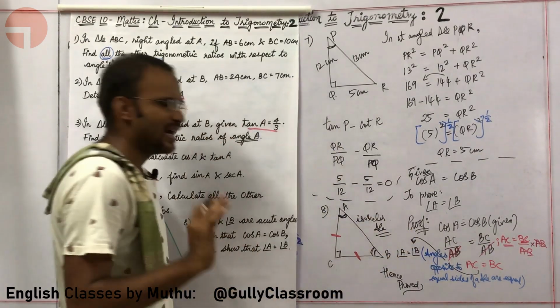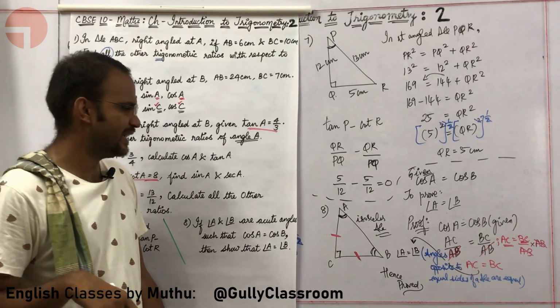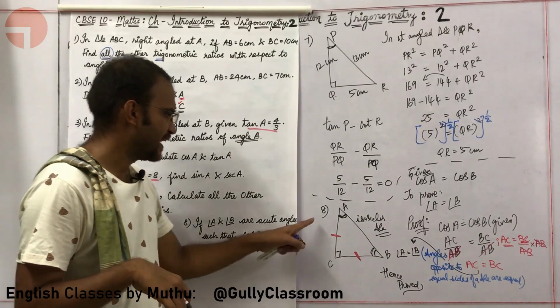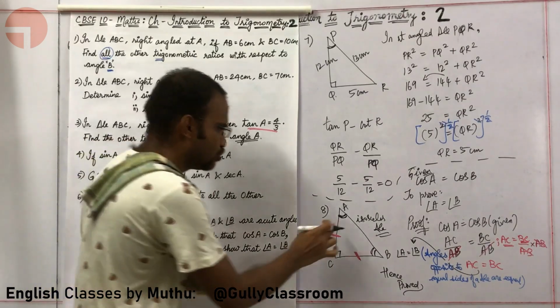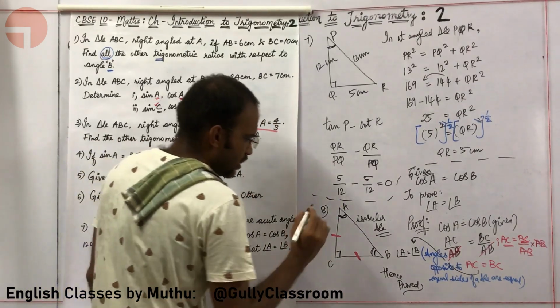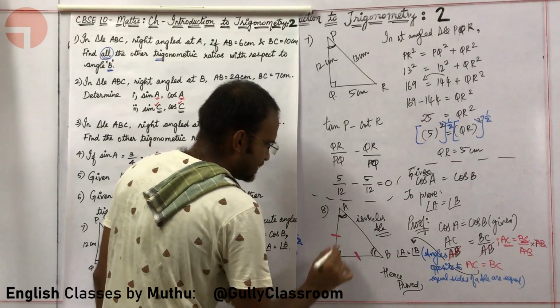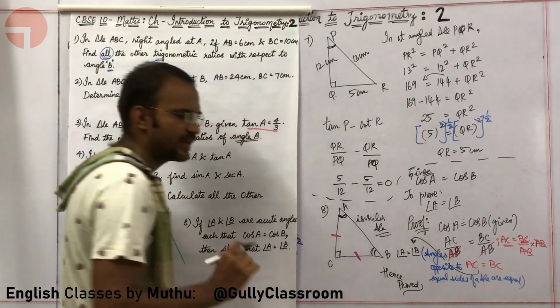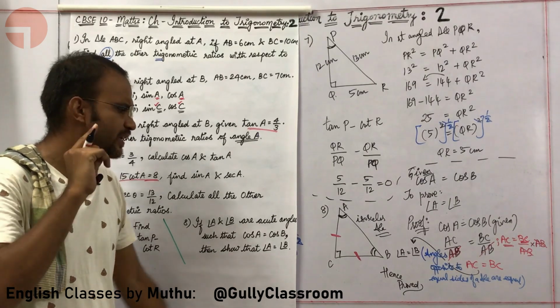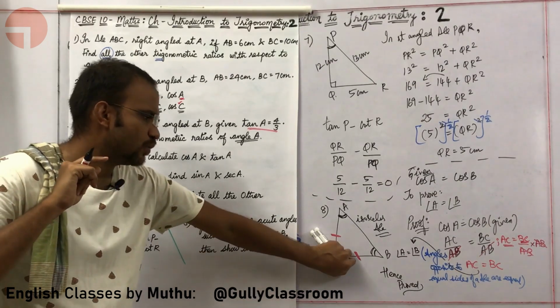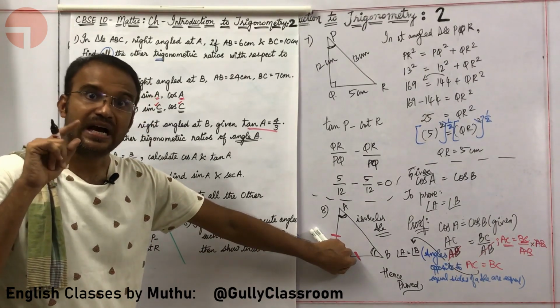Okay, sir. I am comfortable with this particular idea of the 8th problem. In fact, you can calculate these two angles like this. How, sir? Look here. If these two angles are same, the sum of all the three angles of a triangle is 180 degrees. Subtract 90 from it. What will you get? Sir, I will get another 90.